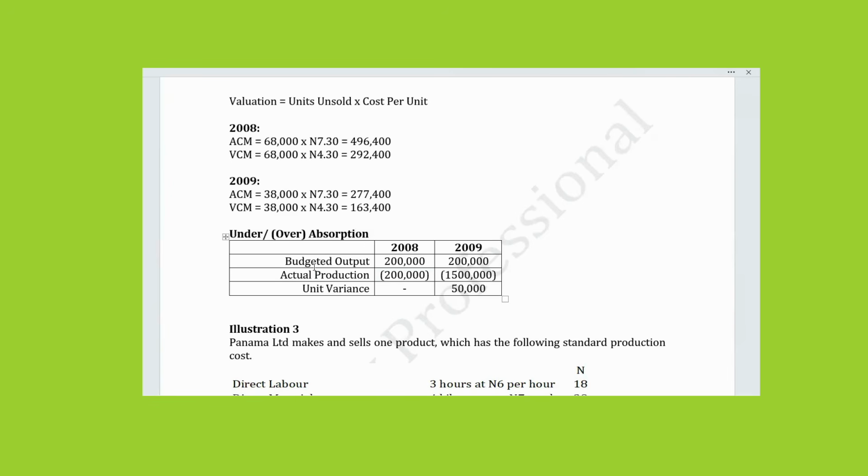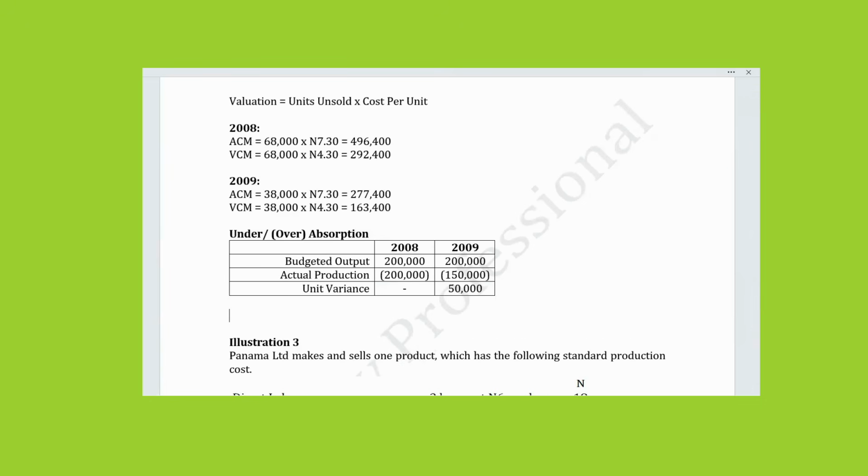Once the budgeted output or budgeted overhead is greater than actual output or actual overhead, then it is under absorption. But if otherwise, if budgeted output or overhead is less than the actual output or overhead, it means that it is over absorption. Okay, so that's that.